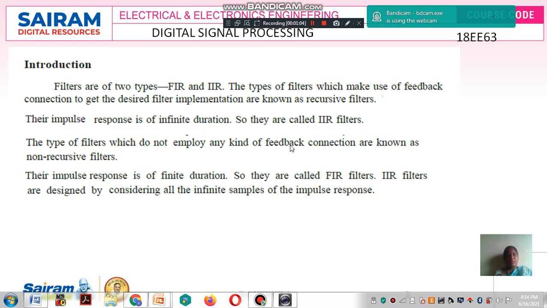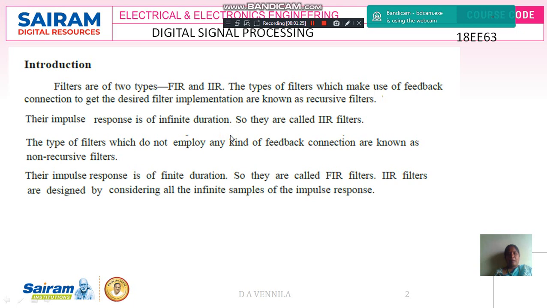Here we have feedback. We have both numerator coefficients as well as denominator coefficients. In an IIR filter you will have B coefficients as well as A coefficients, that is, both poles and zeros will be there.